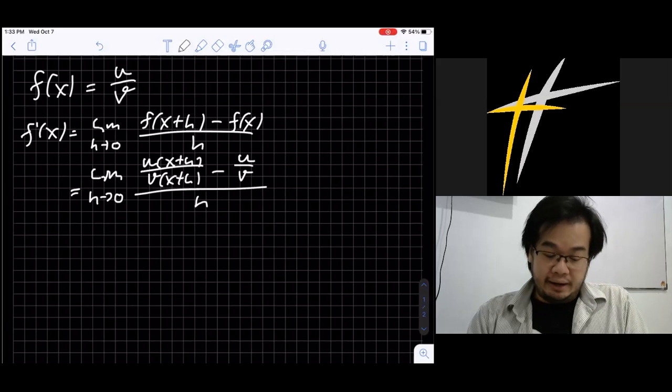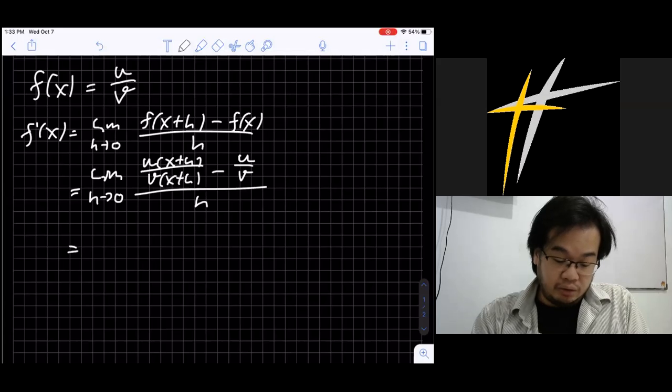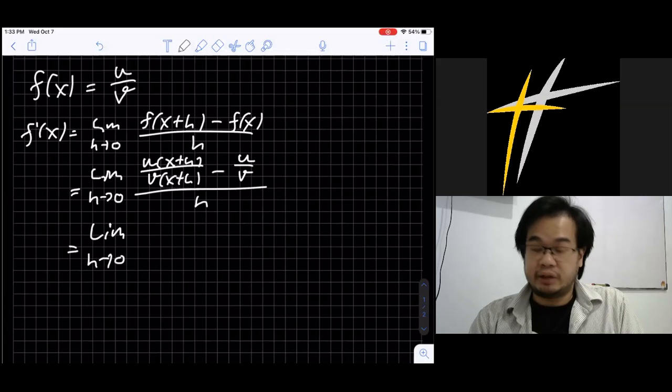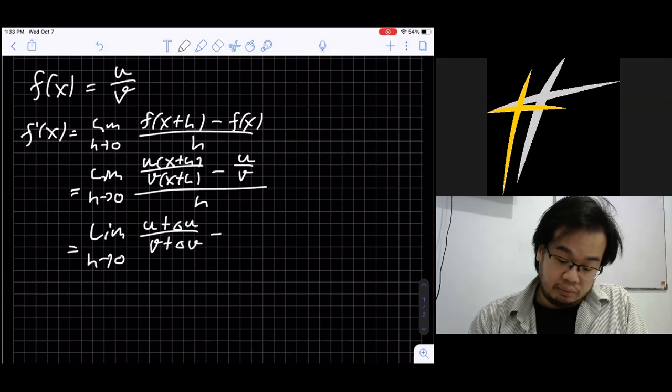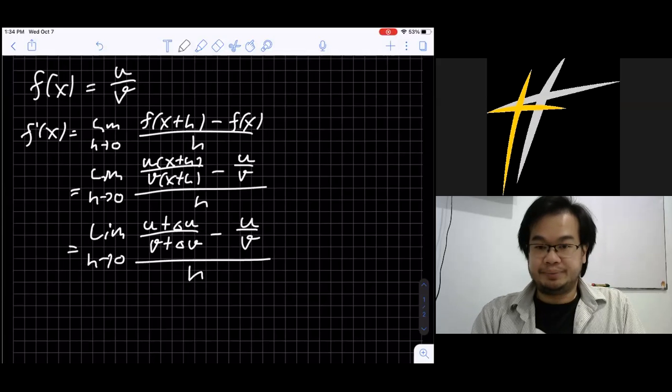From yesterday's lesson, we know that u of x plus h can be written as u plus delta u, and this can be written as v plus delta v minus u over v, over h.